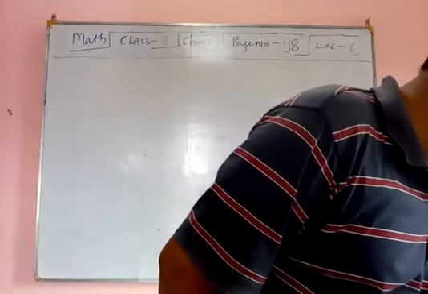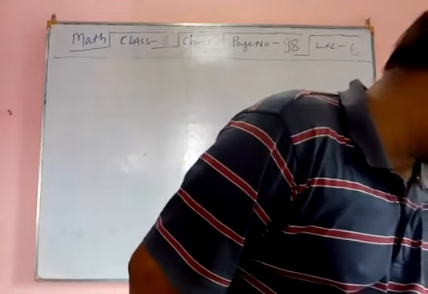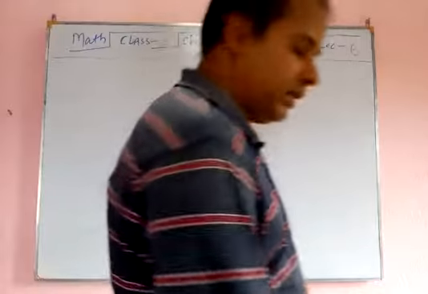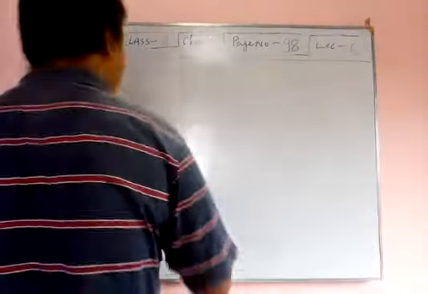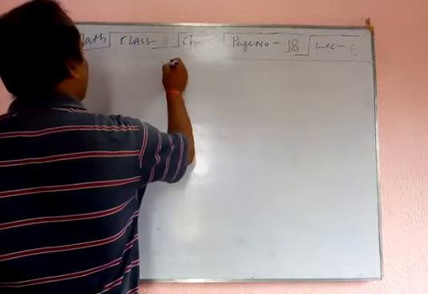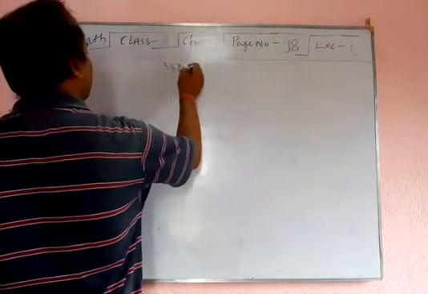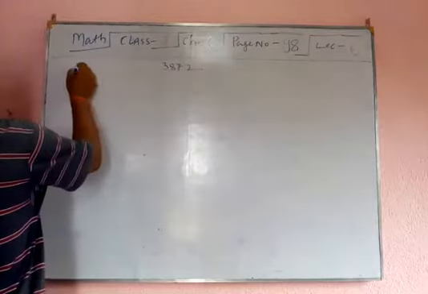Find the square root of number obtained. 3872.